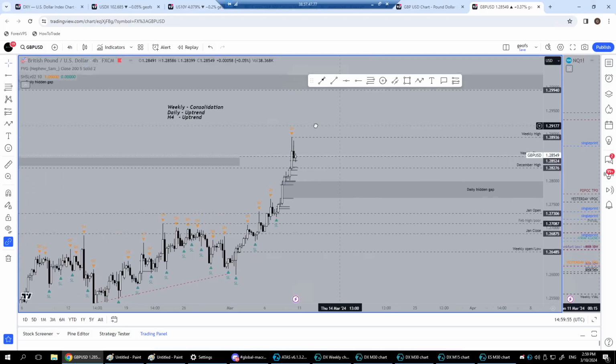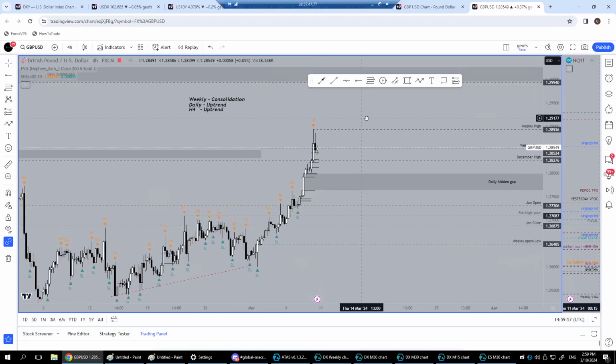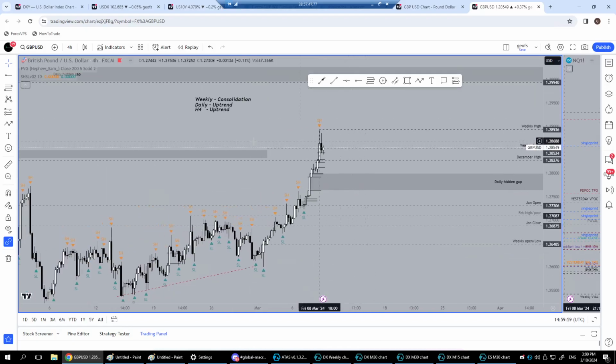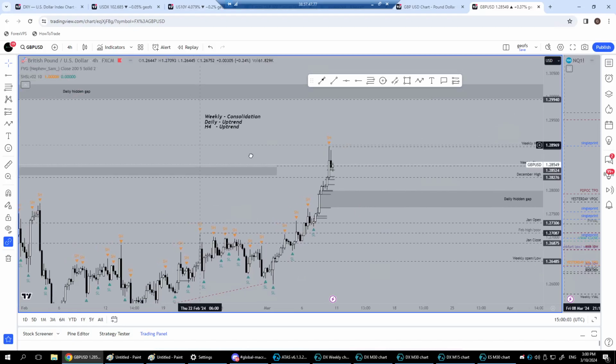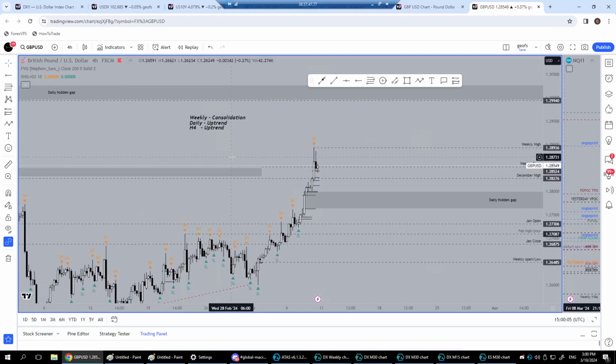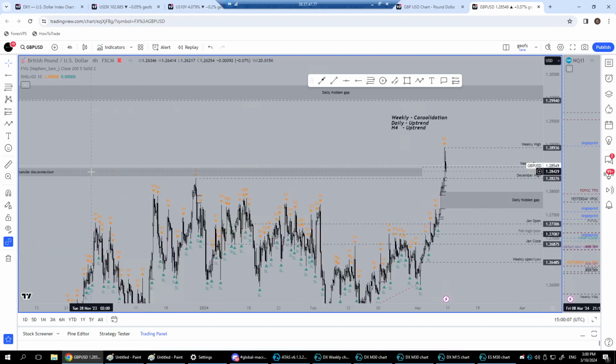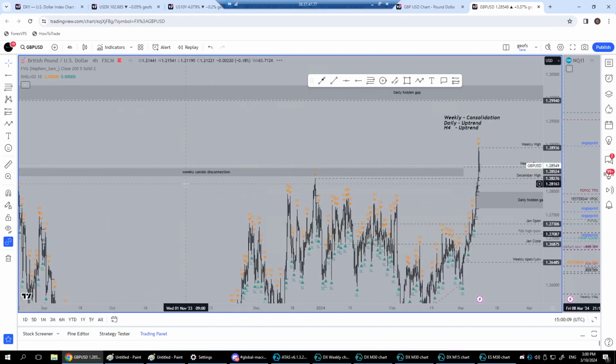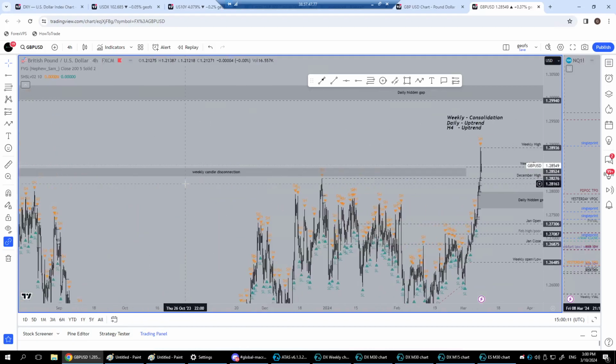All right. Anyway, back to GU. So what's happening here? H4 is in an uptrend. No reason to think that will reverse, apart from the fact that it's taken December's high.